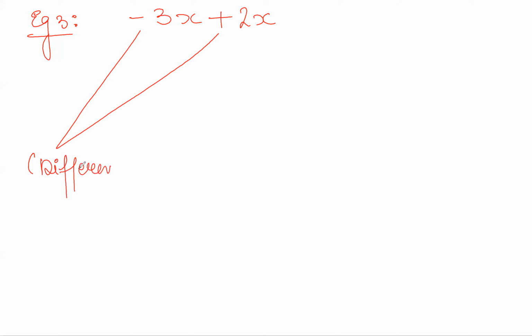When the signs are different, we actually subtract the numbers. Here, I have to take away 2 from 3, which gives me 1. The common variable is x, so I simply write x.